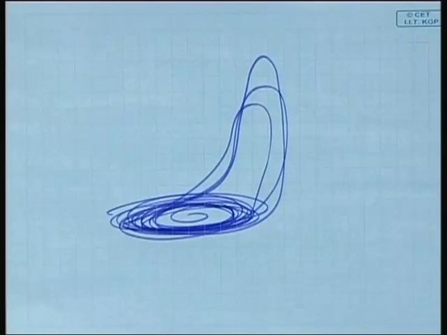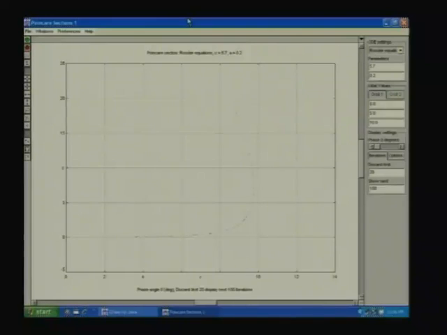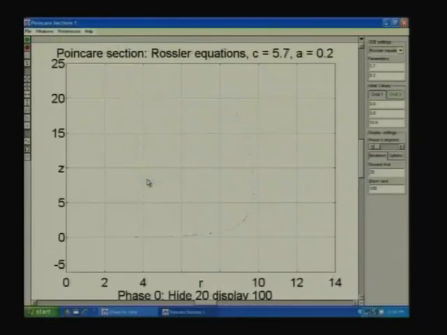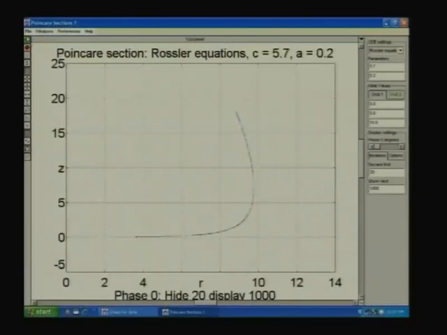Okay. Oh, it has come. That's good. So, if you place the Poincare section, it shows a very definite structure.